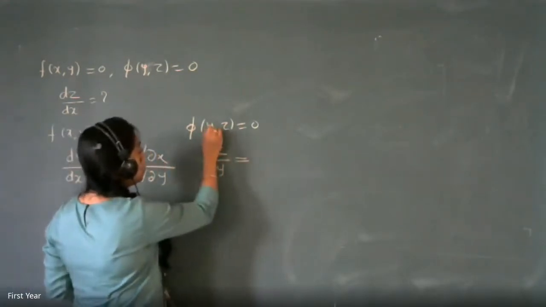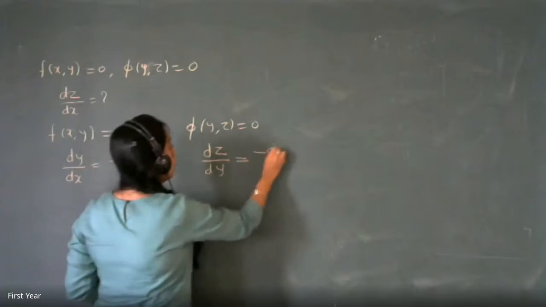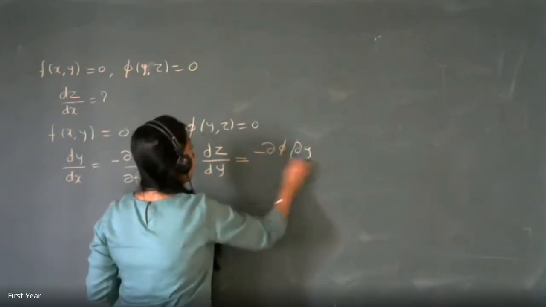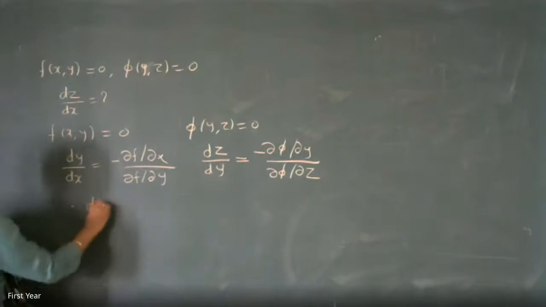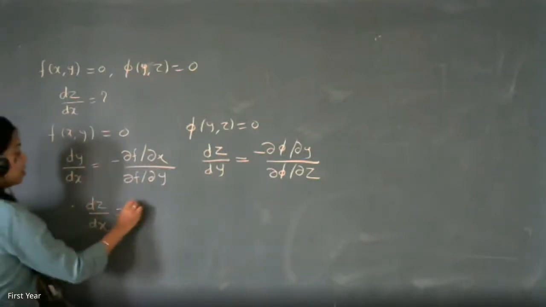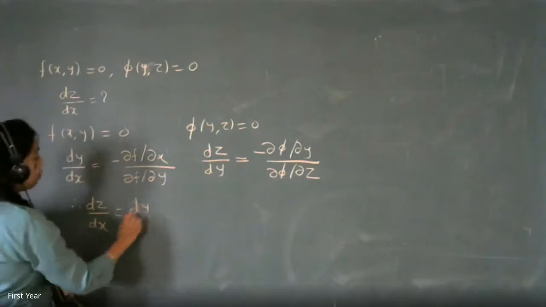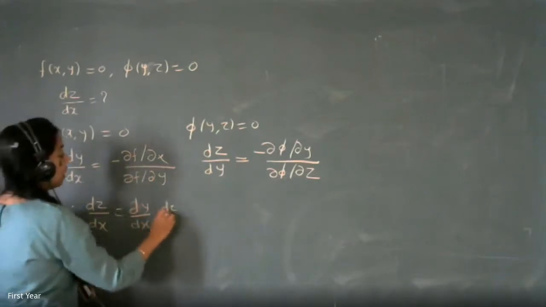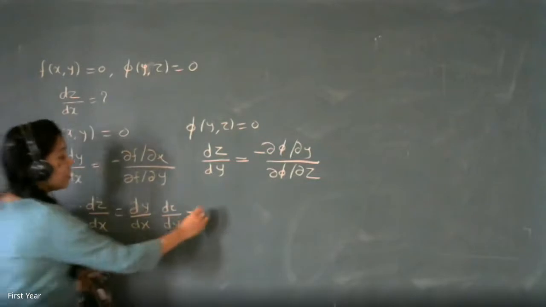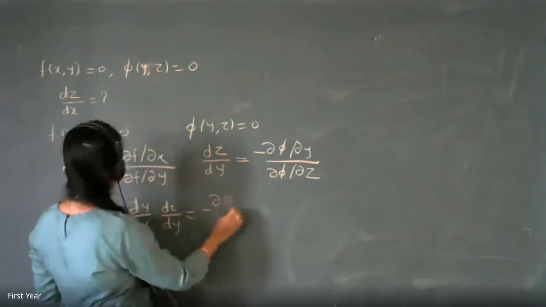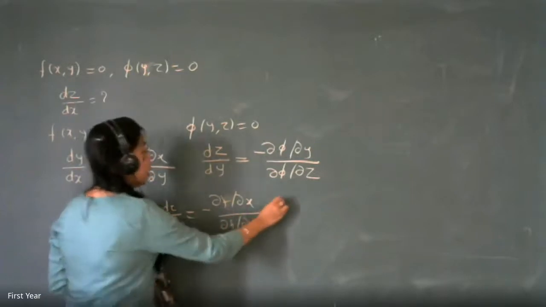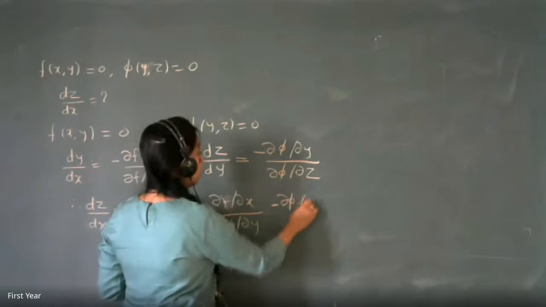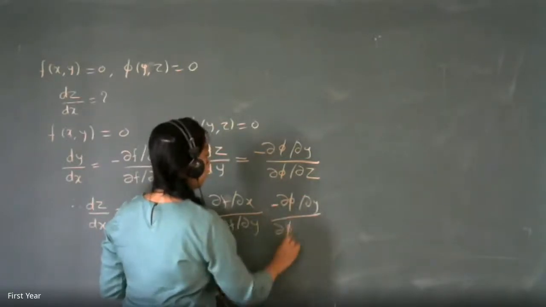What will be the implicit formula for dz by dy? Minus del phi by del y divided by minus del phi by del z. Very good, del phi by del z. And therefore dz by dx, which is the chain of dy by dx into dz by dy, will become minus del f by del x upon del f by del y into minus del phi by del y divided by del phi by del z.